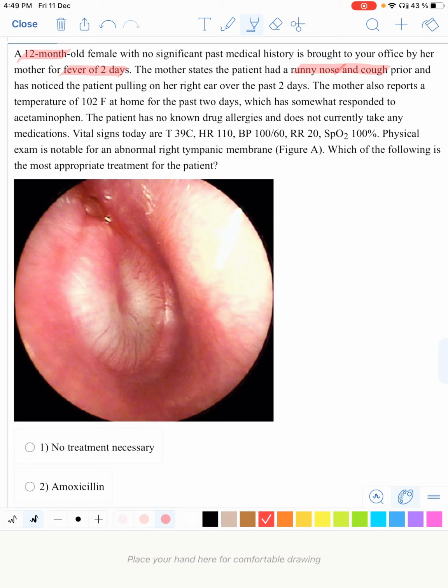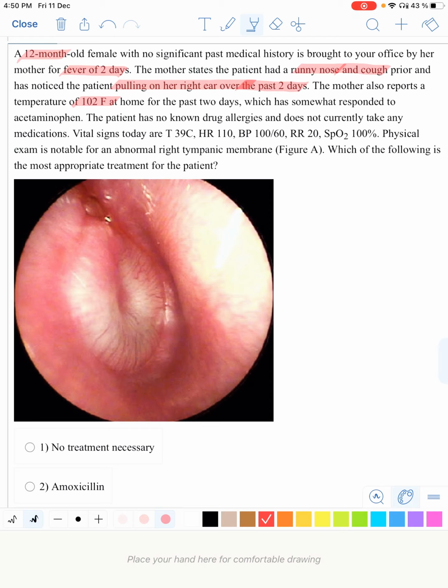The mother noticed the patient pulling the right ear over the past 2 days. The mother also reports a temperature of 102 Fahrenheit at home for the past 2 days, which has somewhat responded to acetaminophen. The patient has no known drug allergies and does not currently take any medication.